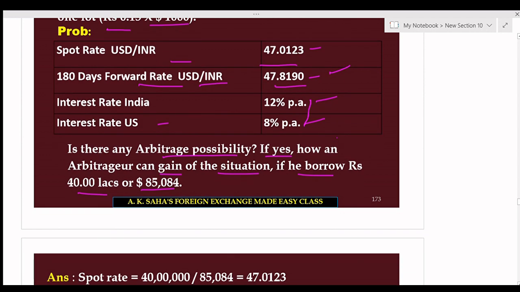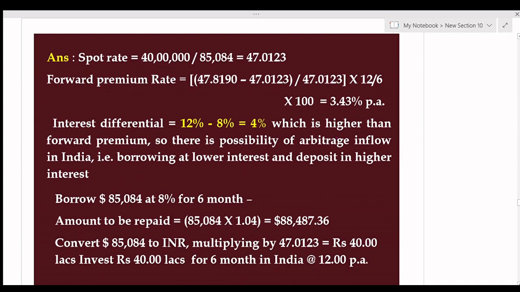Now here, spot rate is 47.0123, since 40 lakhs divided by 85,084 is equal to 47.0123 rupees per dollar.